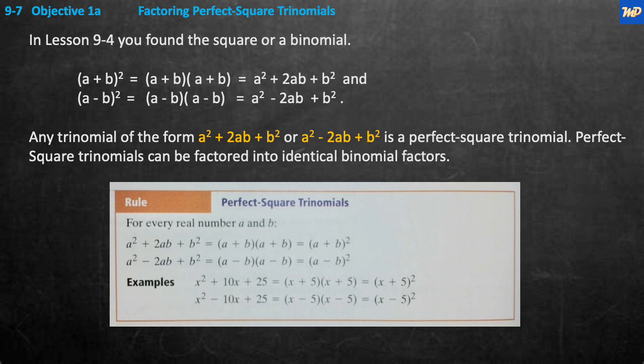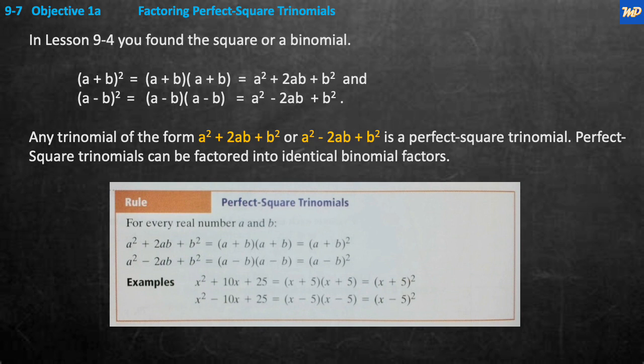A plus b squared equals a plus b times a plus b, or a squared plus 2ab plus b squared. And a minus b squared is equal to a minus b times a minus b. So you have it twice, you're multiplying it twice, which is equal to a squared minus 2ab plus b squared.